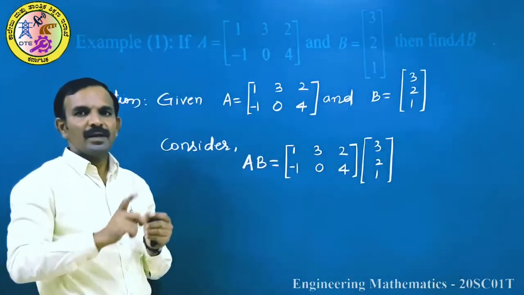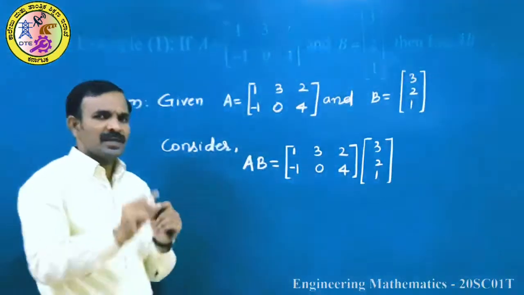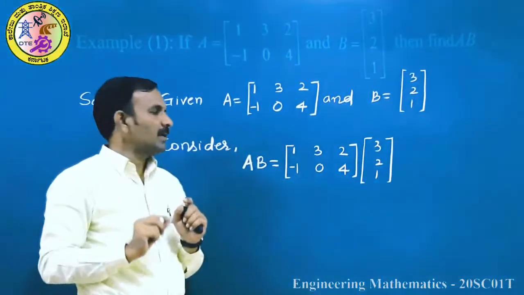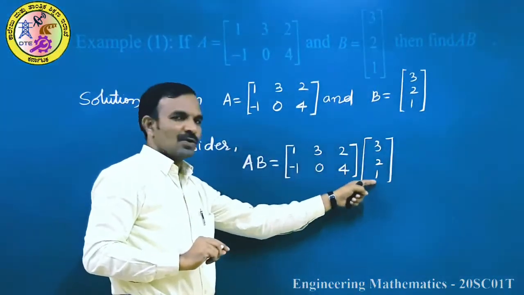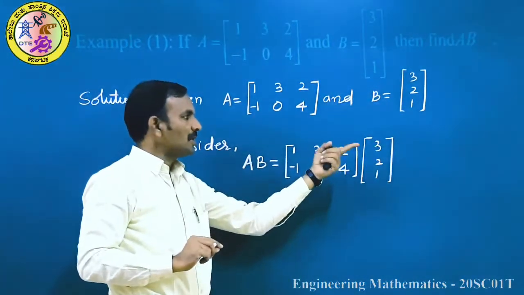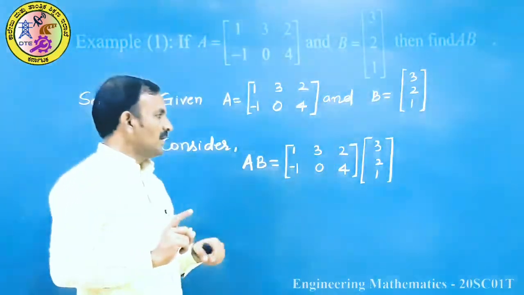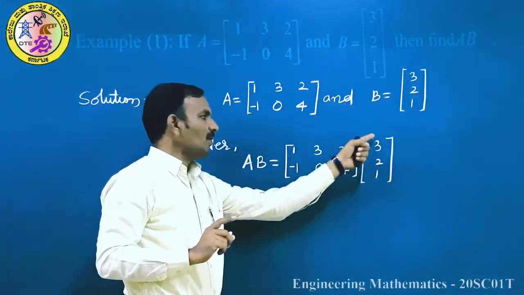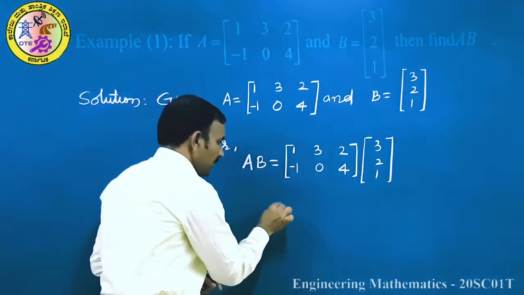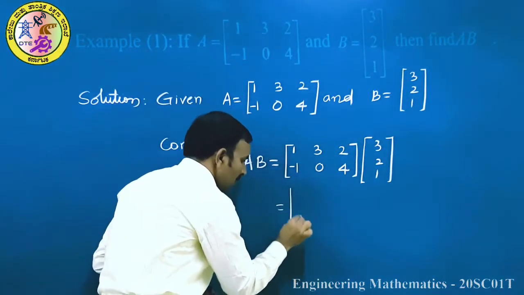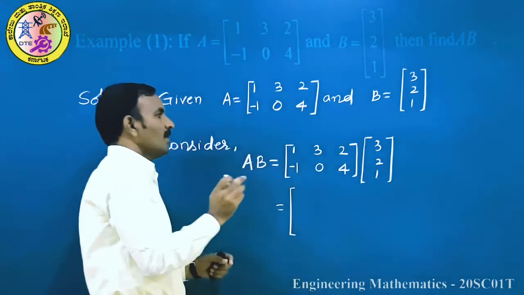You have to use the row by column method. First row, first column. There is no next column, only one column, then you change the row.